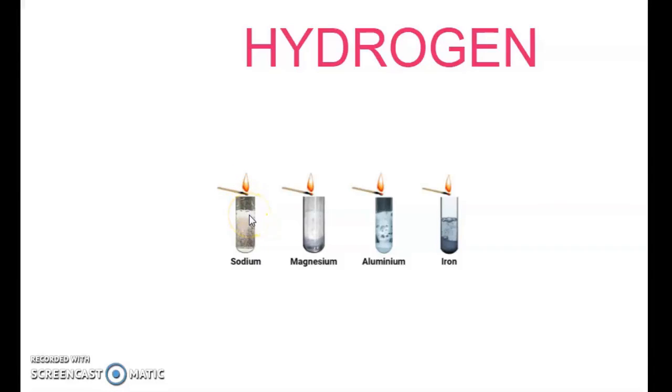If hydrogen gas is evolved, it would extinguish the matchstick and produce a pop sound. From that pop sound, you can tell the gas is hydrogen. So this is how you can detect whether an evolved gas is hydrogen or not.